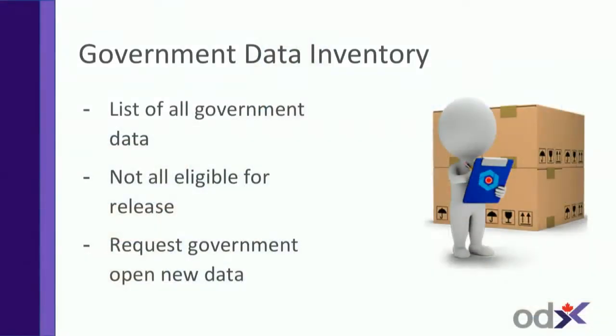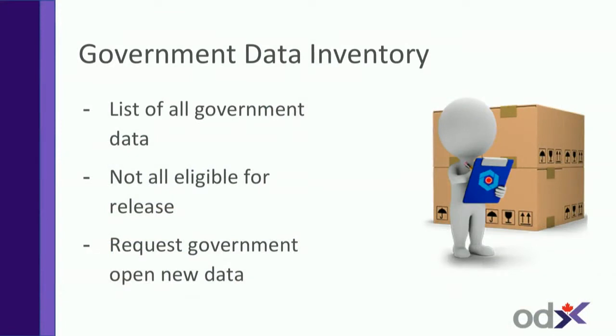One of the other things that many governments are starting to do, the federal level does it, I think most of the provincial levels do it, is release data inventories on their open data portals. A data inventory is essentially just a catalog of all the data that they're collecting as part of their normal operations. It doesn't necessarily mean that all of this data is either already open or scheduled to be released as open.